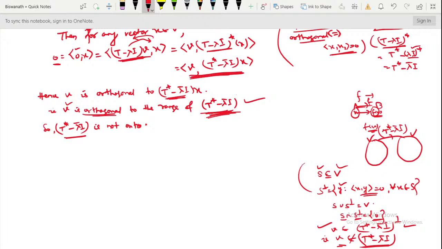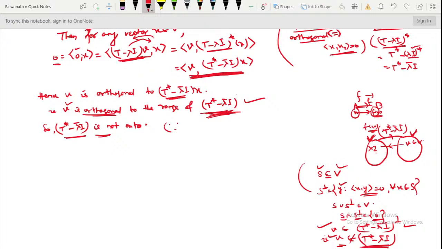So T star minus lambda bar I is not onto. T star minus lambda bar I is a map from V to V, and since there exists a vector v belonging to V such that its image does not exist here, this is not onto.